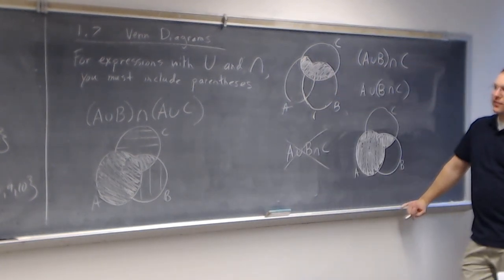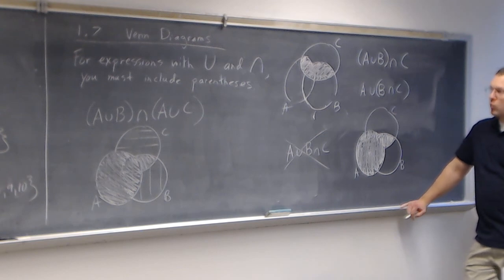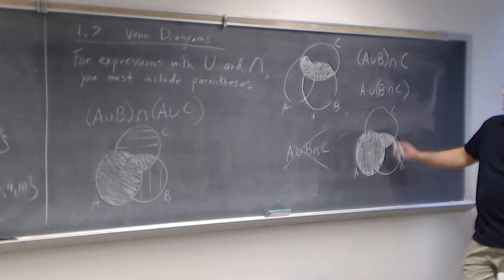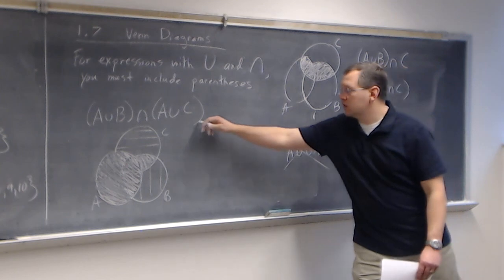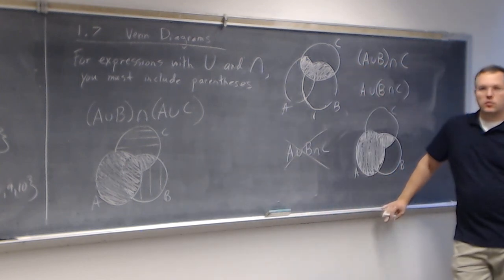I wonder if it's true that A union B intersect A union C is equivalent to A union B intersect C. So does this equal this? Proof by picture.